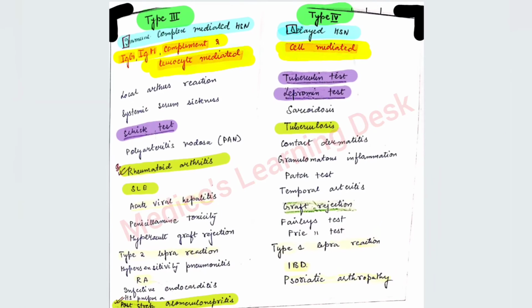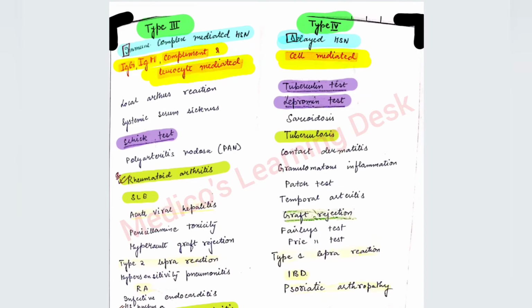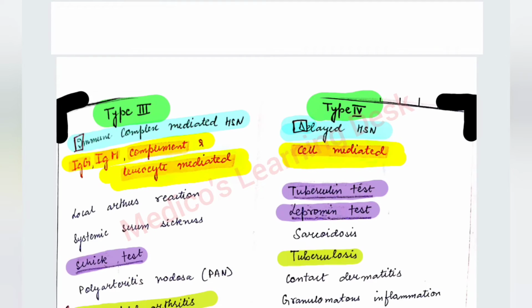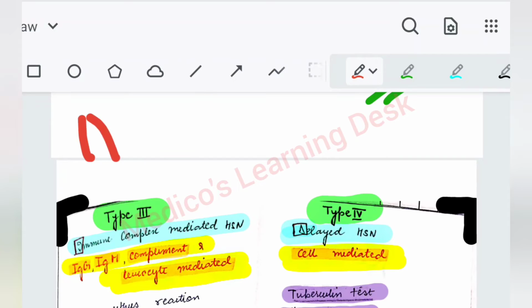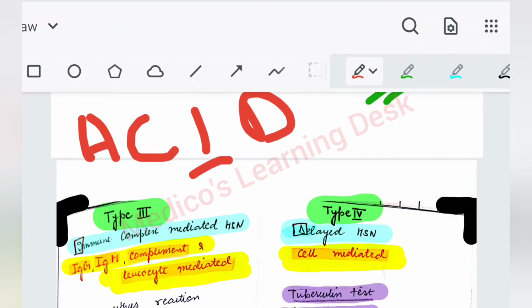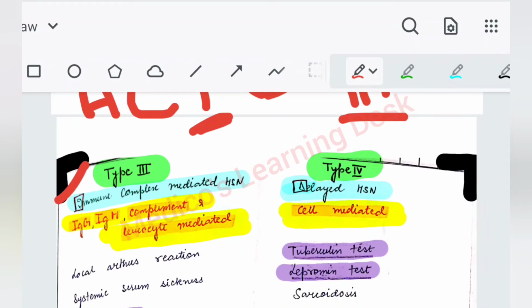Okay, now coming to type 3 hypersensitivity reaction. Okay, so type 3 reaction was ACID. So I is my type 3. What was I? Immune complex mediated hypersensitivity reaction is my type 3.